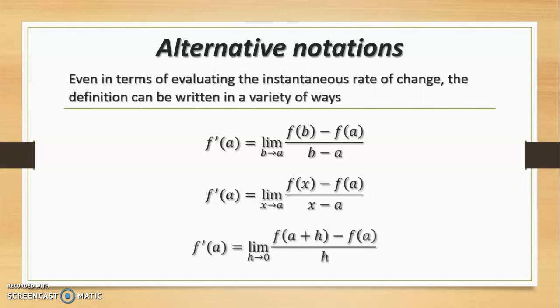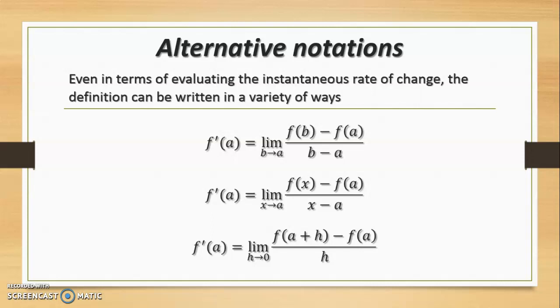Finally, there's also this third way of expressing a derivative, or an instantaneous rate of change, where rather than calling the first point or the variable point x, we are calling it a plus h. So essentially it's a point that is h units to the right or h units to the left of a. So it's a slight displacement. And the distance between x and a is replaced by the distance between a plus h and a.